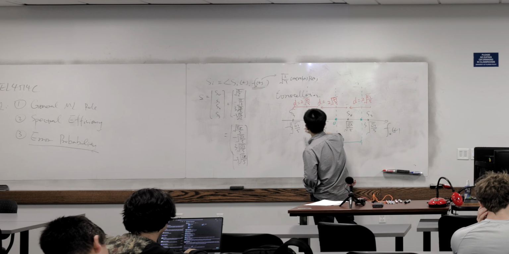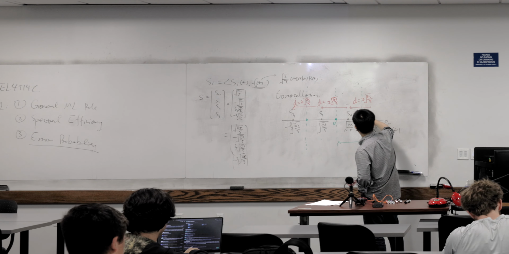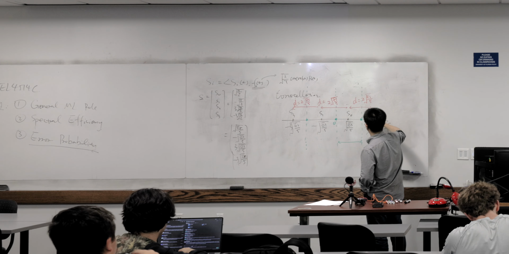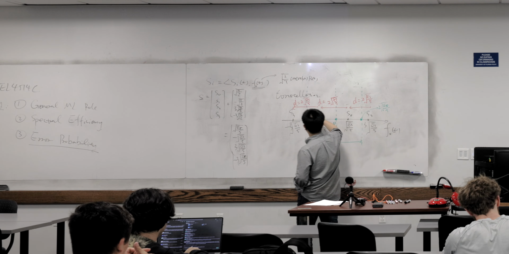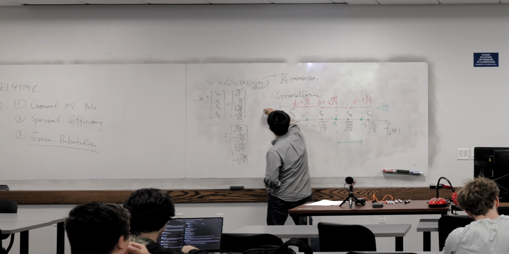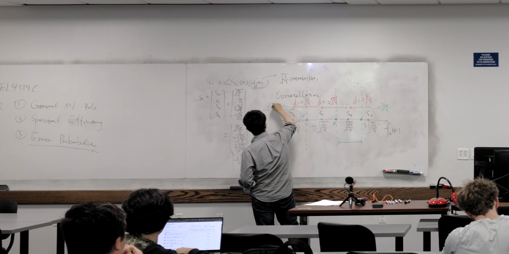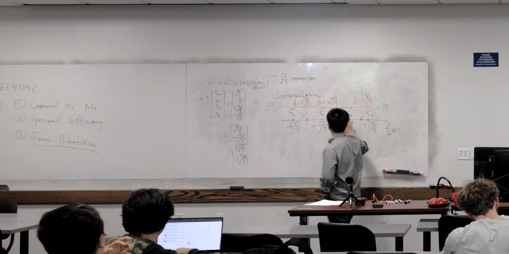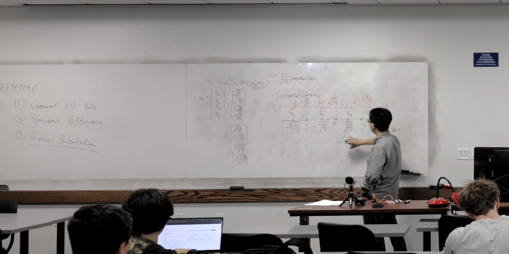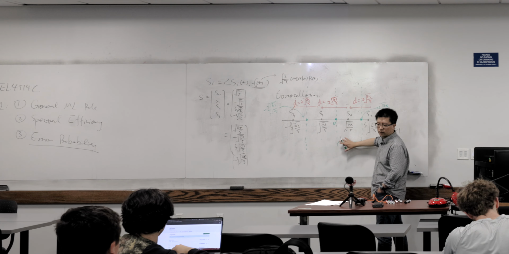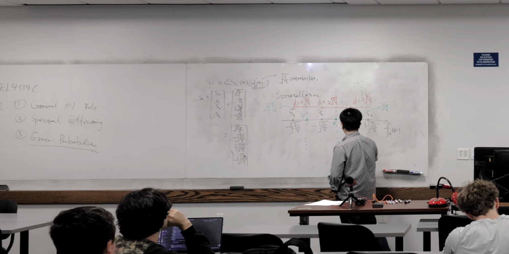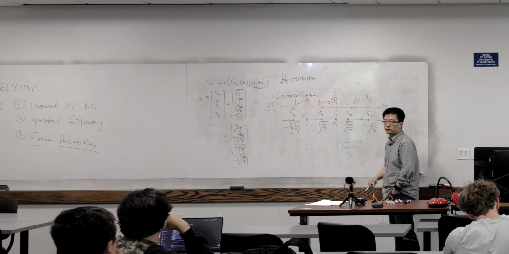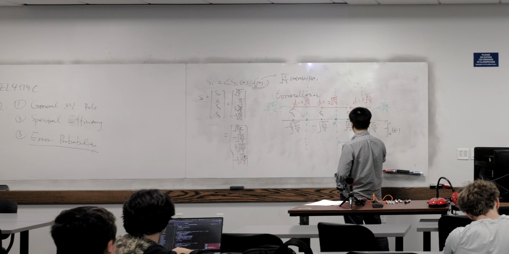So this will be the middle point. Let's mark it: this would be 2 square root of Es over 5, and this one would be minus 2 square root of Es over 5. All those are the midpoints. So if r falls in this region, you're going to decide s0(t) is transmitted.